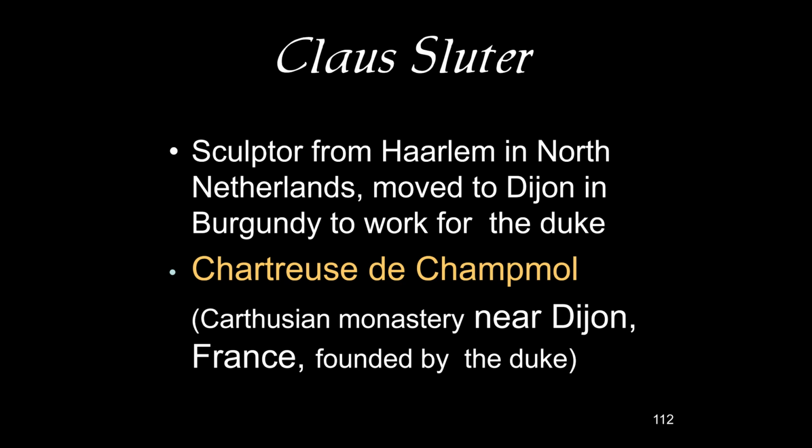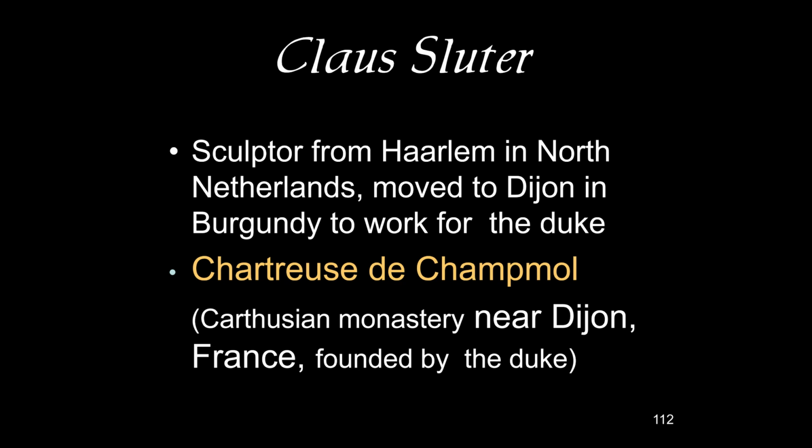And he was a sculptor who comes from Haarlem in the North Netherlands. He's recorded as being in Brussels and then in South Netherlands. And then he moves down to Dijon in Burgundy, what is today eastern France, to work for the Duke of Burgundy.